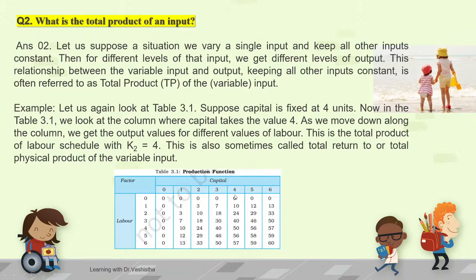So in this column you can see the capital is kept constant at 4 units, and labor is variable. So this is the total product of labor schedule when capital is kept constant at 4. This is also sometimes called the total return to, or total physical product of, the variable input. You see this column.